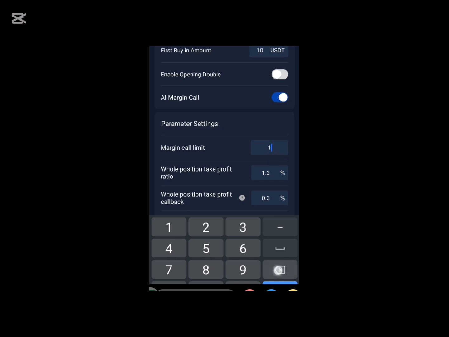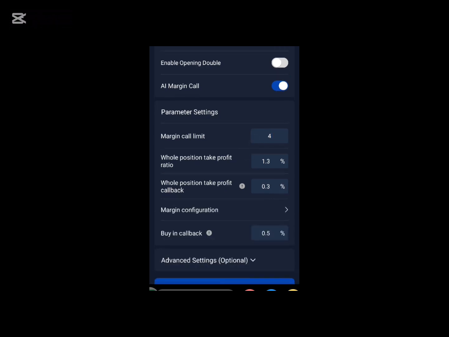But if you have capital of like $50, you use your margin call as 4 and your first buy amount as 10. 10 times 4 making 40, plus the first buy amount, making $50. Therefore, that is the setting for this $50 capital. After you have done that, your margin call limit is 4.